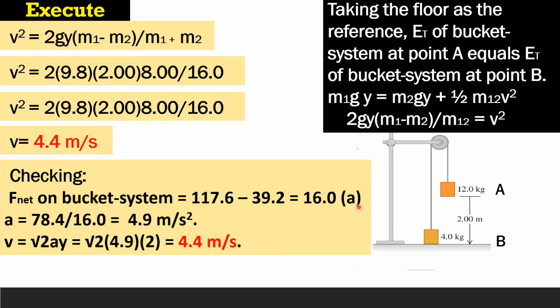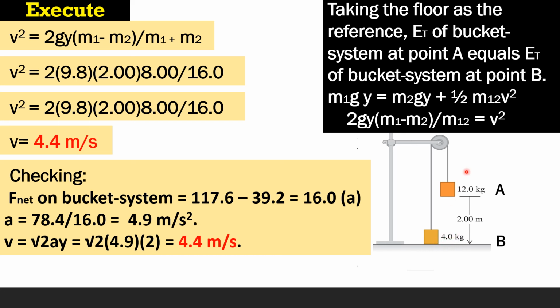So let's look at the diagram again as a system. The force of gravity on the 12 kilogram mass, meaning its weight, is pulling this down. As it's being pulled down, there is an opposing force, and that opposing force comes from the weight of the other mass, the 4 kilogram mass.